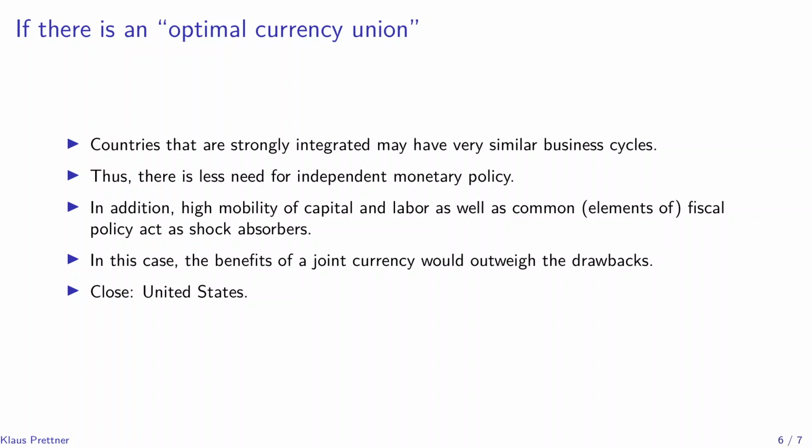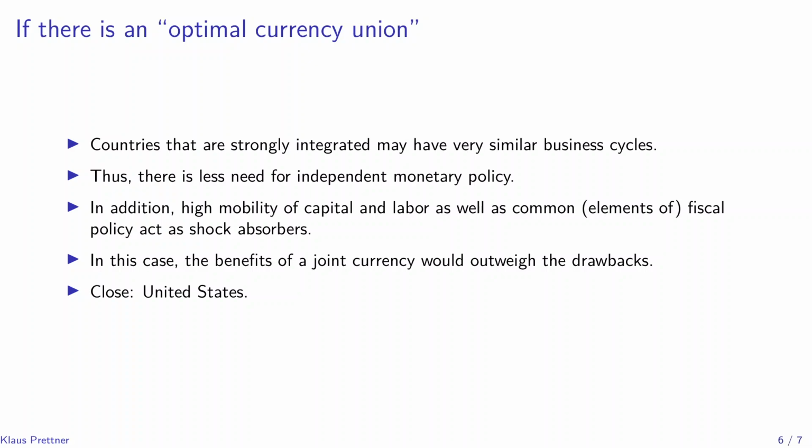Also, when there is a joint fiscal policy, this could help to address differences across regions. If there is a recessionary tendency in one region, then the central government could invest in this region in terms of infrastructure payments, or have funds like the structural funds in the European Union that should help the low income areas.